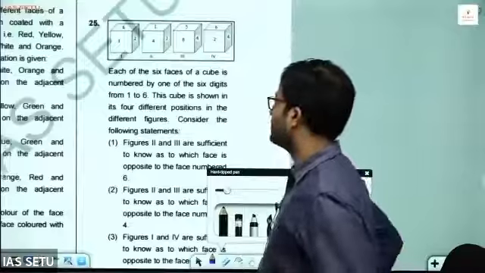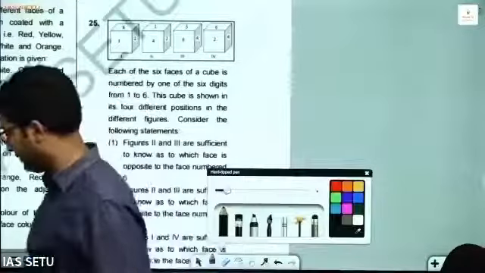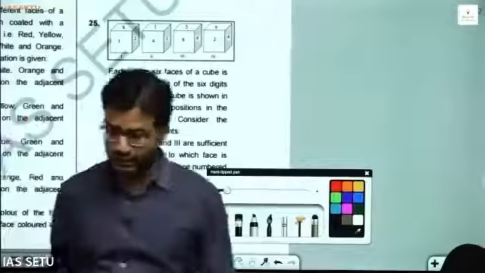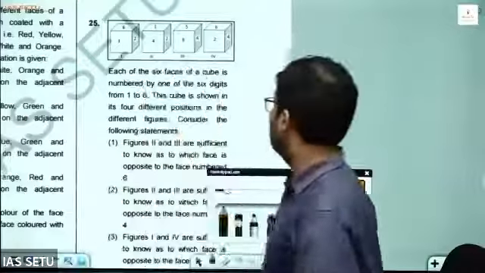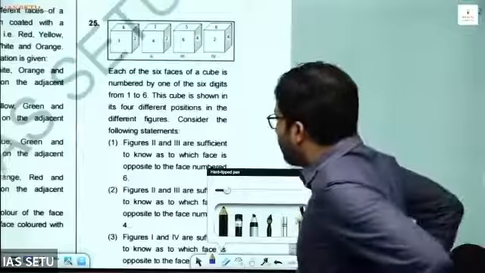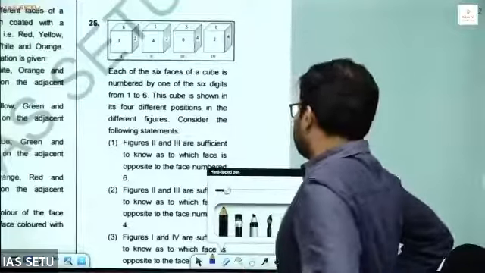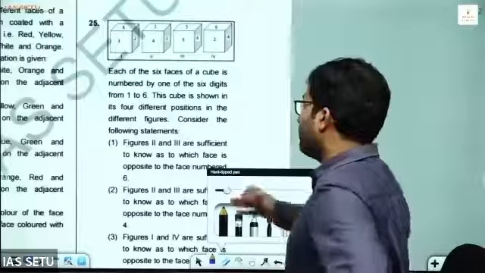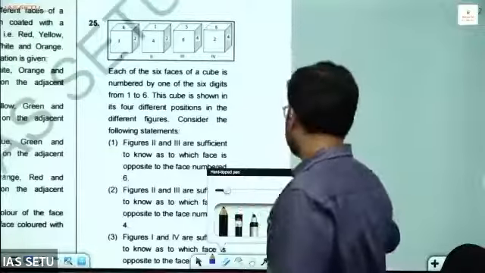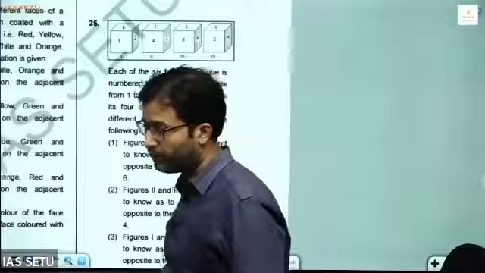Each of the 6 faces of a cube is numbered by one of the 6 digits from 1 to 6. This cube is shown in its 4 different positions in the different figures. Then consider the following statements. They have given 3 statements.